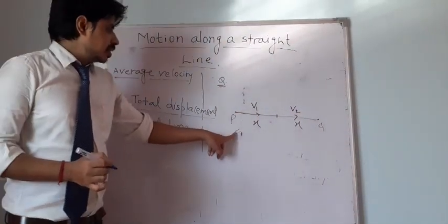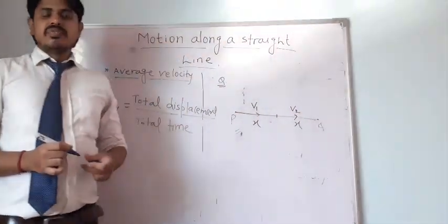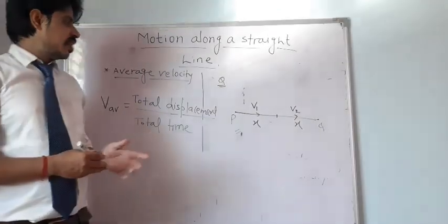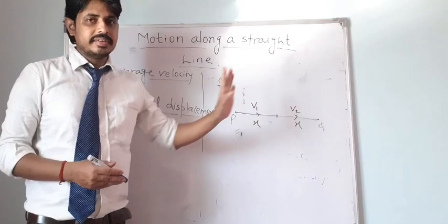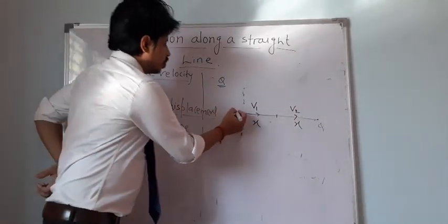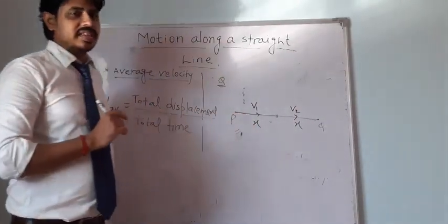What is the average velocity from P to Q? This is my question.